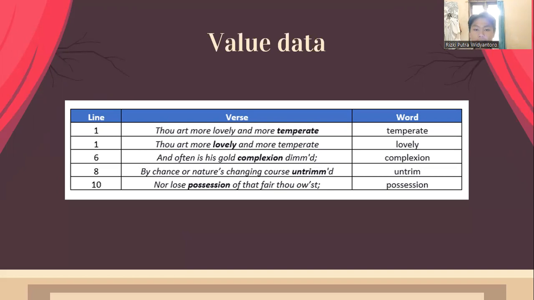The fourth is in the eighth line, by chance or nature's changing course untrimmed, the word untrimmed. Then in line 10, nor lose possession of that fair thou ow'st, the word possession. So there are five derivational morphemes in this poem.